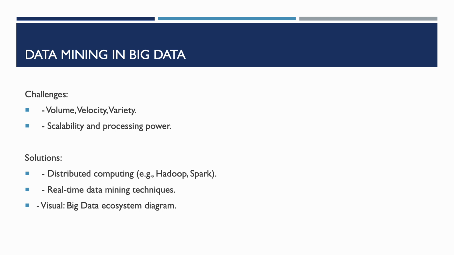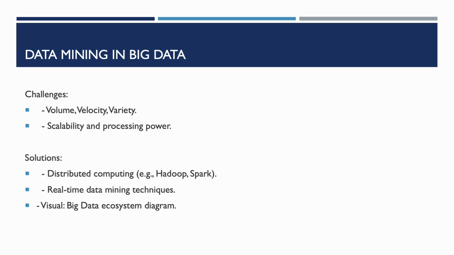Big data is characterized by its massive size, which means volume. So the volume, the size, is very big. Velocity is the speed at which data is generated, and variety is the different types of data, such as structured, unstructured, and semi-structured data.